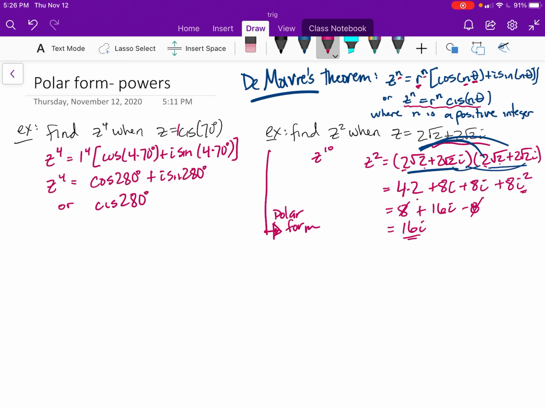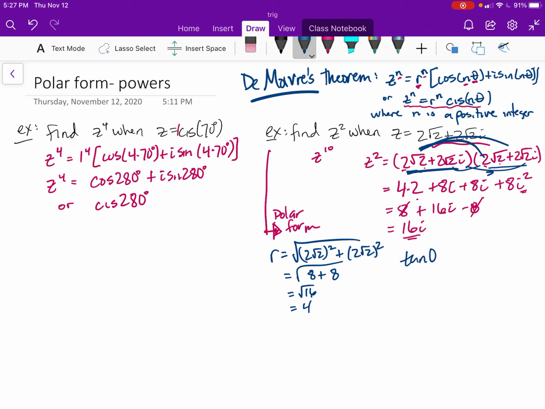Okay. So first step, we need to know what r is and what theta is. So r, recall, let me switch colors here. r is the square root of a squared, 2 root 2 squared, plus b squared, 2 root 2 squared. Well, again, both of these are 8. We just did that here, right? 2 root 2 times 2 root 2 is 8. So 8 plus 8, and that square root of 16 is 4. Now to get theta, you could use cosine or tangent, whichever trig function you want.